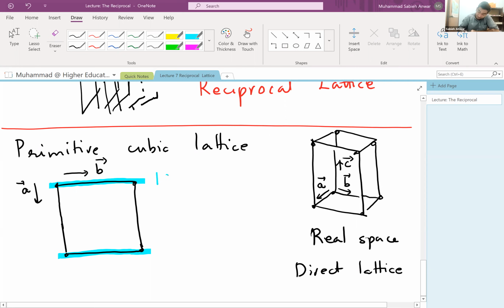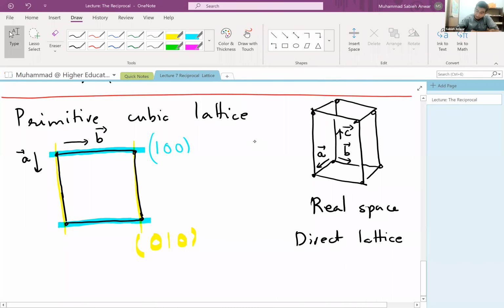This is 100, because if you move along the x direction, you make one crossing. You move along the y direction, you never cross a plane. So it's 100. All right. We can have this plane. This plane is the 010 plane.